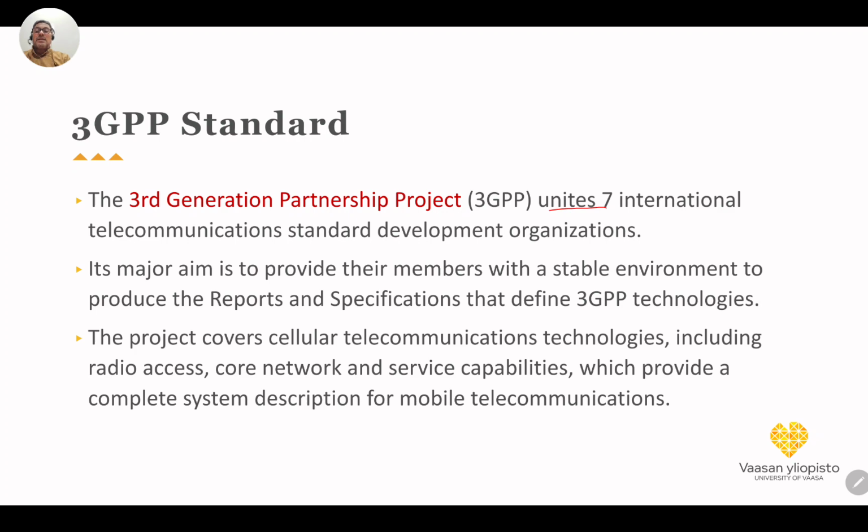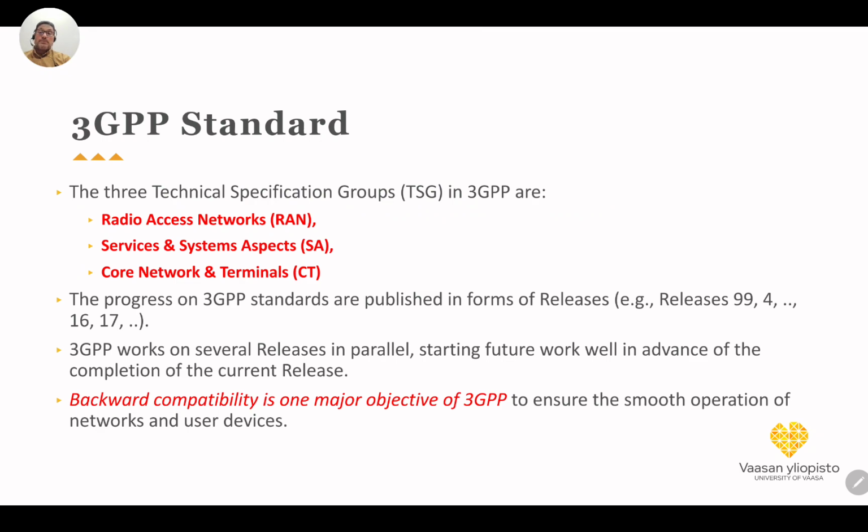But at the same time, there are groups working on 6G now. So all the time 3GPP is looking ahead before the technology comes. There are three technical specification groups in this 3GPP: radio access network, service and systems aspects, and core network and terminals.